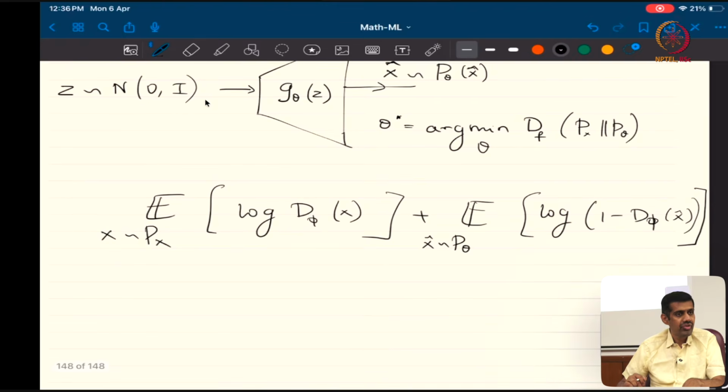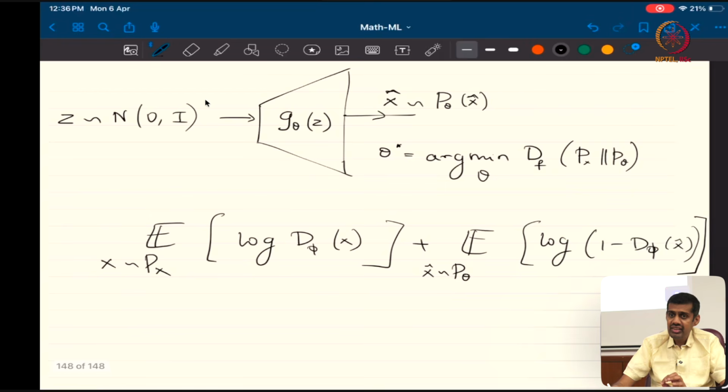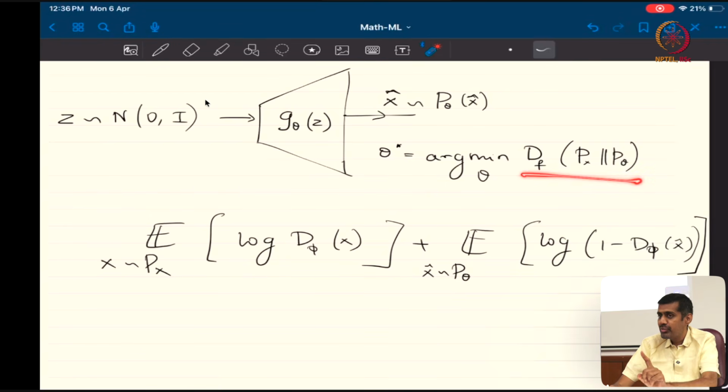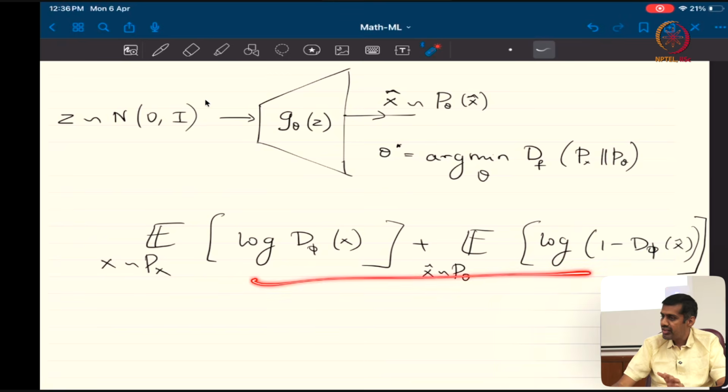Now, please remember that this loss function is the bound on the divergence metric that we want to optimize. How we go from here to here is in the initial lecture of the next course, but take it for granted that we construct a bound on this divergence metric and end up getting this sort of a thing.